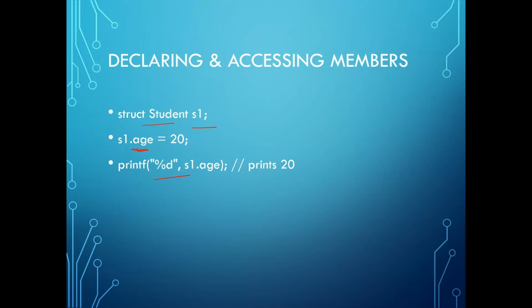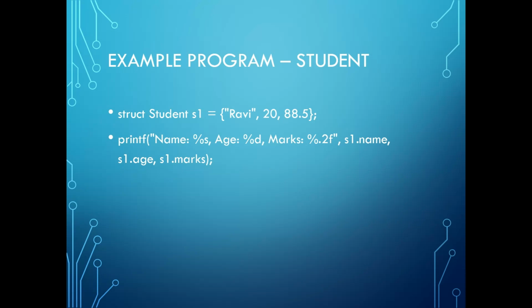Coming to more of the example here, name is Ravi, age is given as 20 and marks is given as 88.50. This shows how structures can hold mixed data types together. An array can't do this, since an array will have only one type of data.